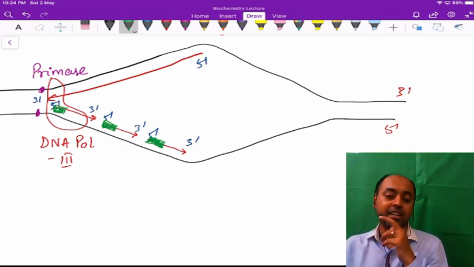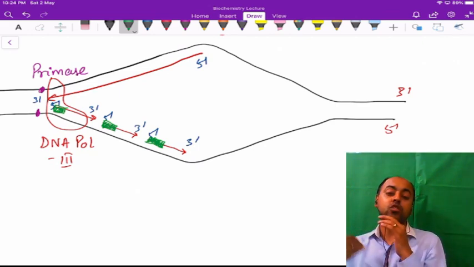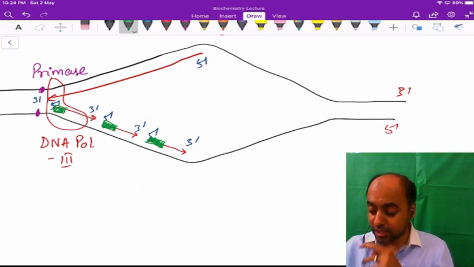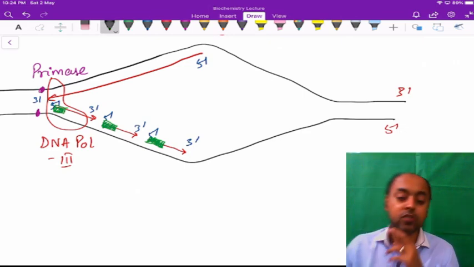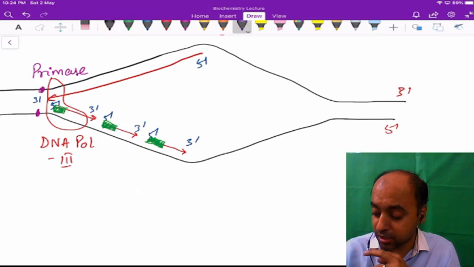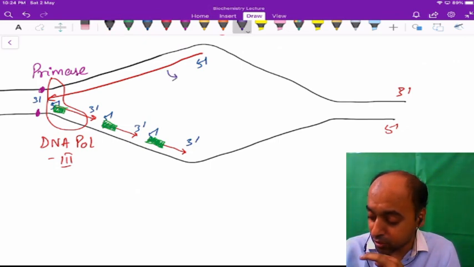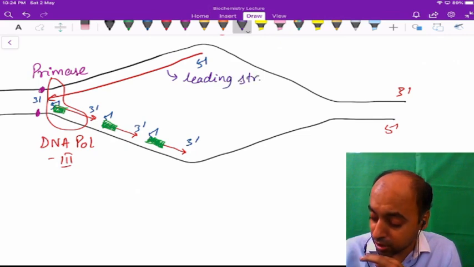Because the two strands are antiparallel, obviously the synthesis will occur in opposite directions, because the synthesis always occurs in 5' to 3' direction. Because of this peculiar pattern of synthesis, one of the strands is called the leading strand. Why is it called the leading strand? Because here you find that a continuous synthesis has occurred.